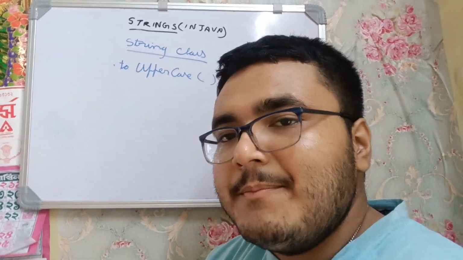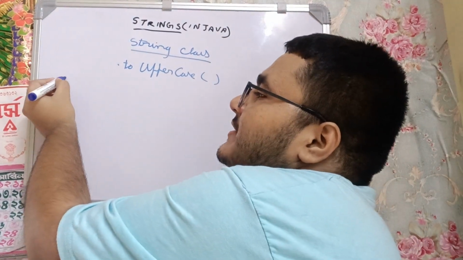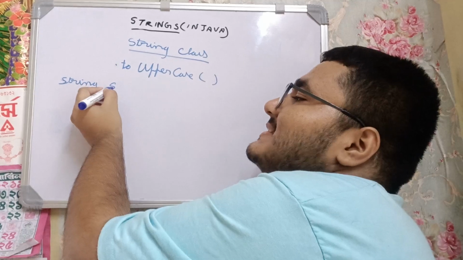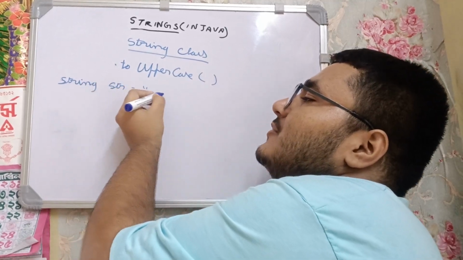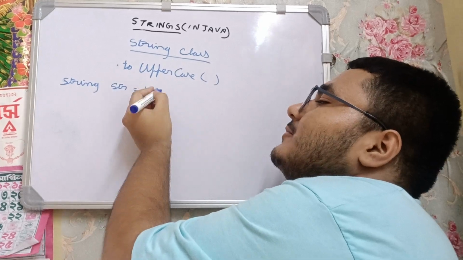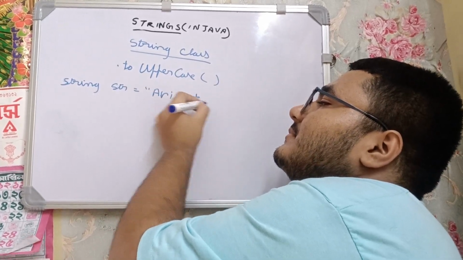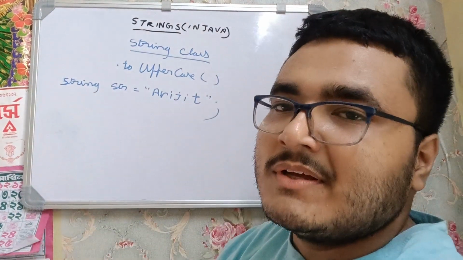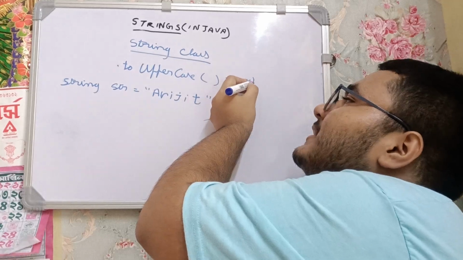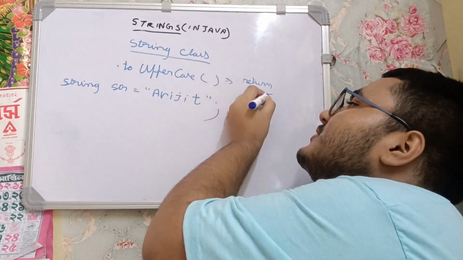So let me make you understand with an example. Say String str is equal to, I am writing say, Arijit. Okay. And the return type of this function is also String. Note it down, the return type of the function is also String.